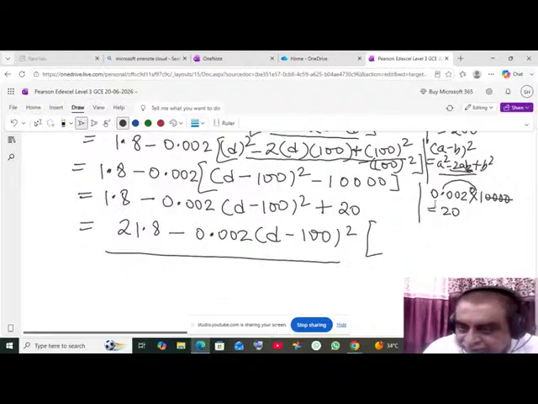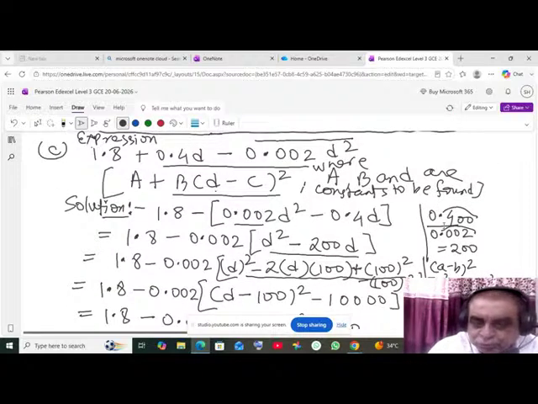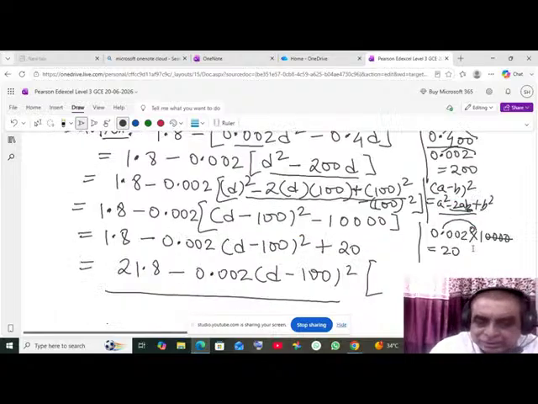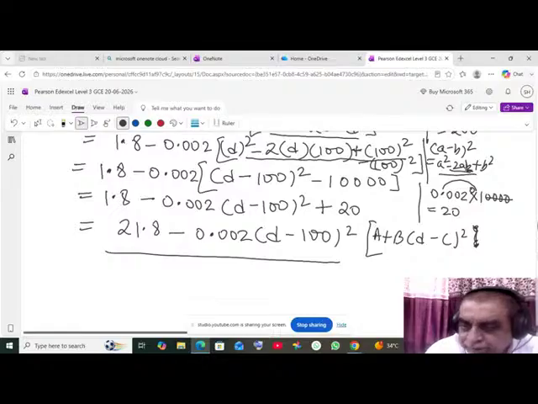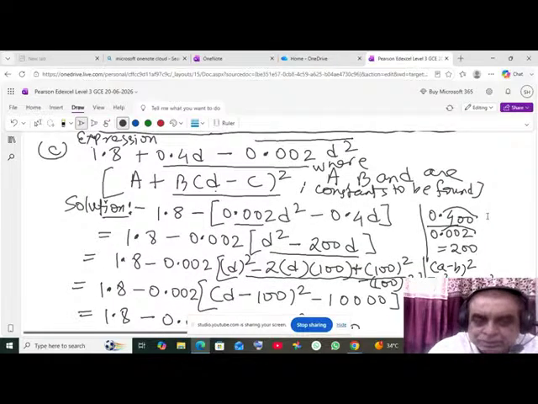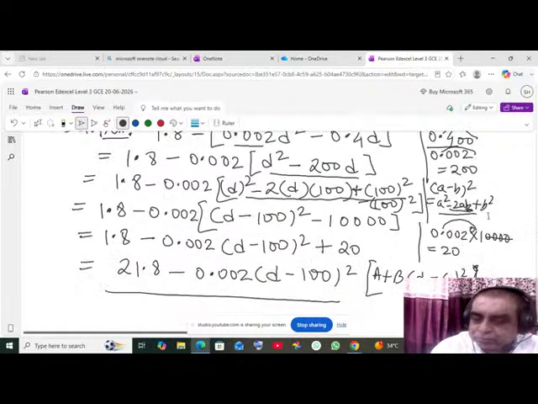What was asked in the question? It was asked to transform the expression into this form: a plus b times d minus c whole squared, where a, b, and c are some constant numbers.